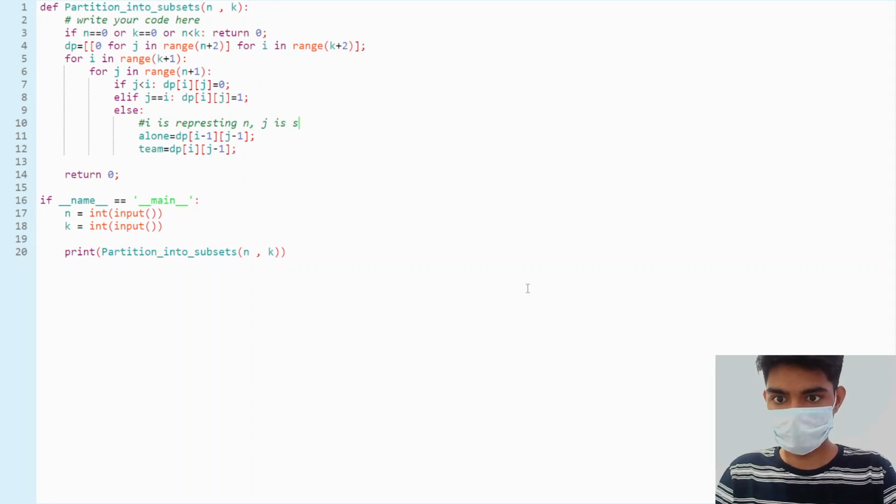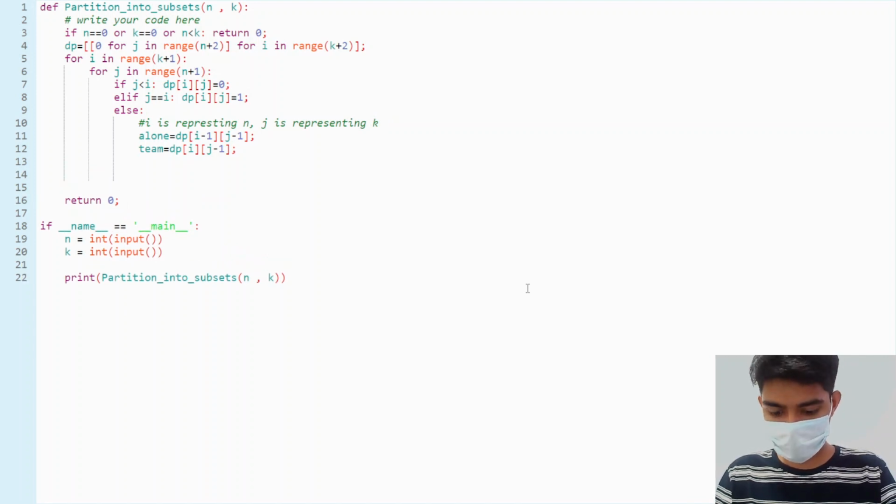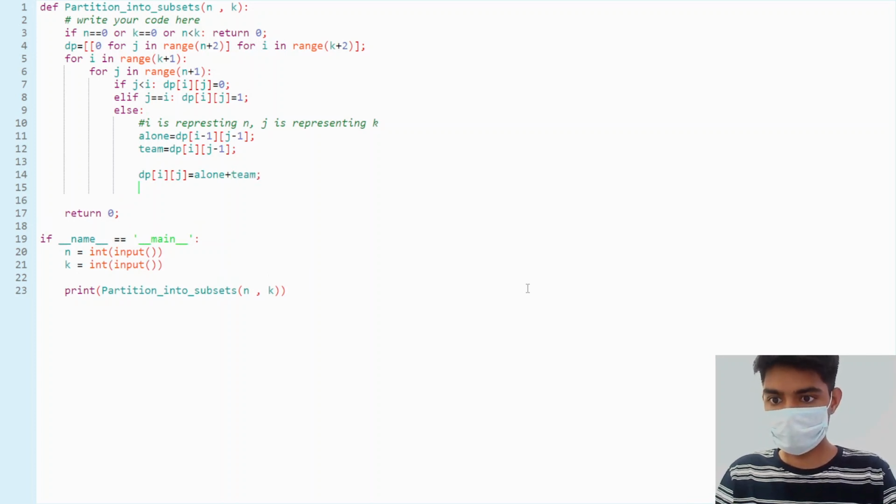So if it is going alone or in a team, then DP of i comma j would be equal to alone plus team. This would be my answer, and I just have to return DP of k comma n.